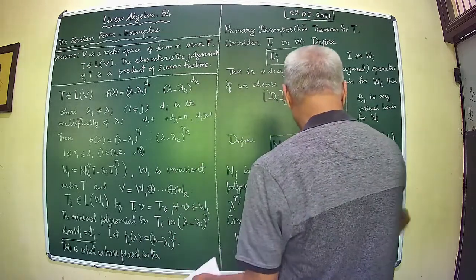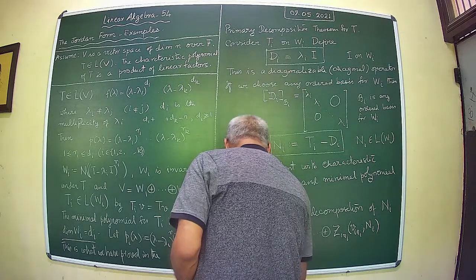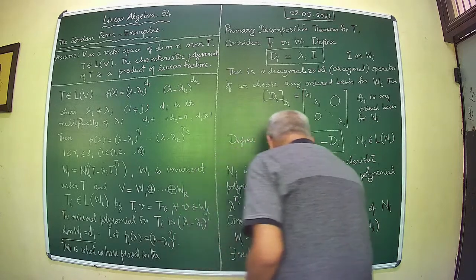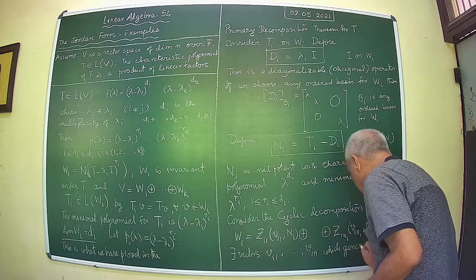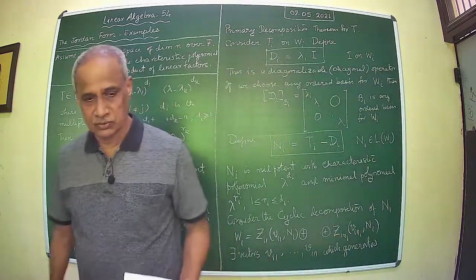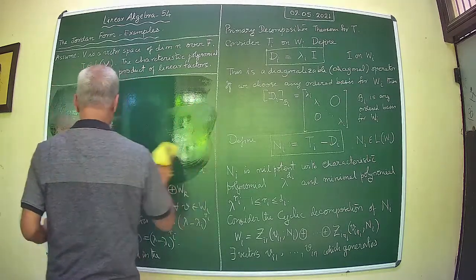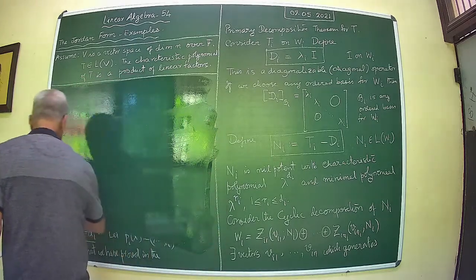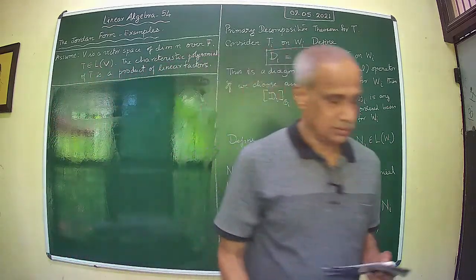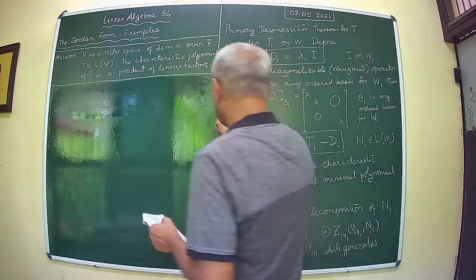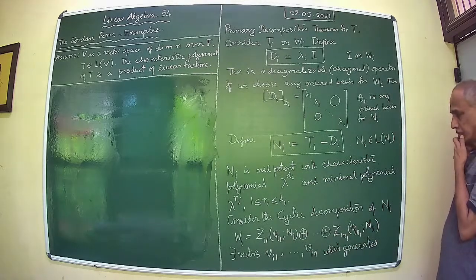This breakup means it is cyclic. There exist vectors vi1, vi2, etc., vin which generate the corresponding cyclic spaces Zi1, Zi2, etc., Zin.